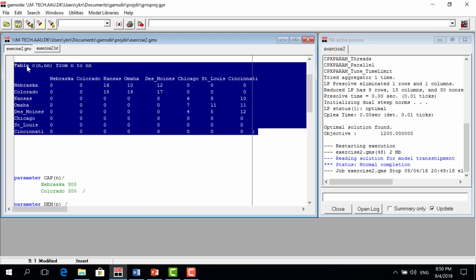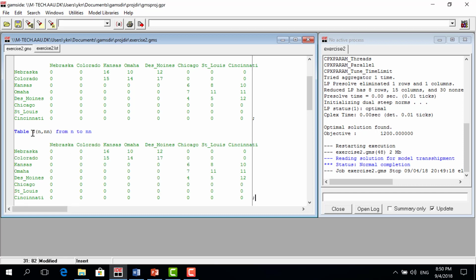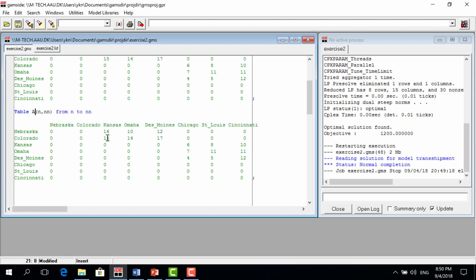We just copy this table and let's make it table A here. And whenever you have number here other than 0, you should put 1. Means it is allowed to deliver product to this destination.